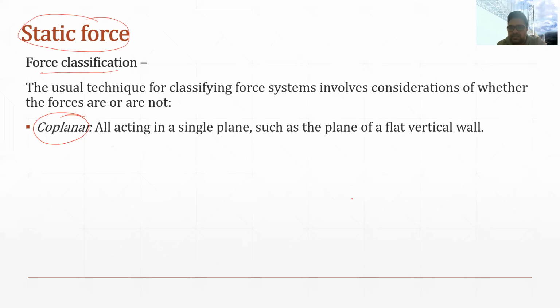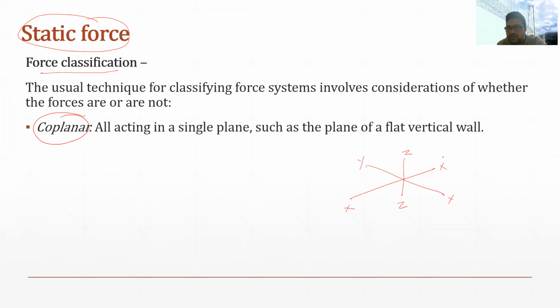Like, these are the three axes. If we consider that this is the x-axis, this is the y-axis, and this is the z-axis, our space is expressed in these three axes, and if we consider any two axes, the plane formed by those two axes becomes the plane.